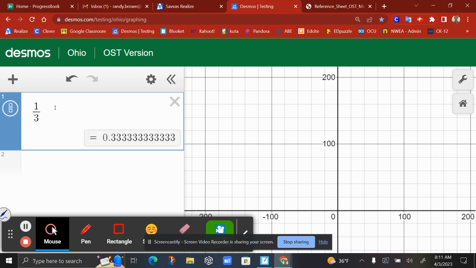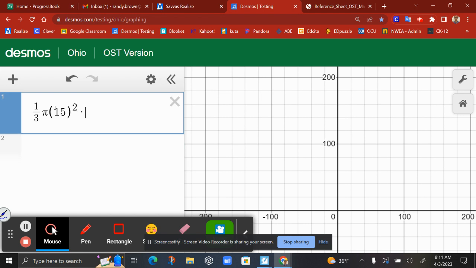So I could just use that I already had, but 1/3 pi 15 squared times 6. So that's the volume. And now, here's where they tried to trick us.